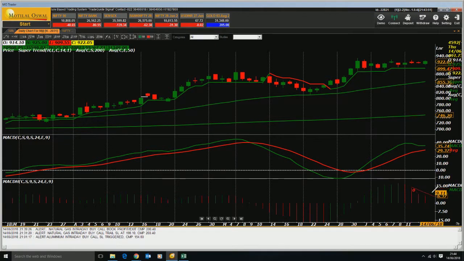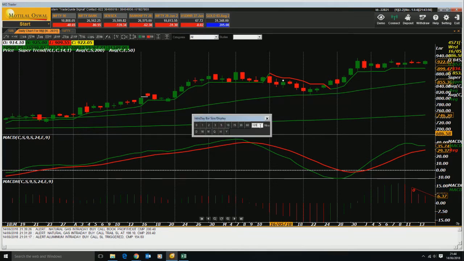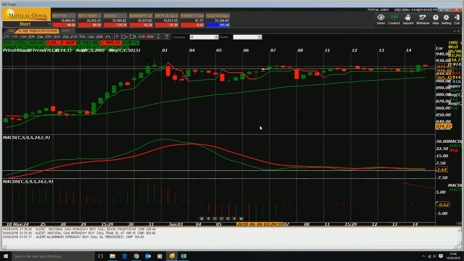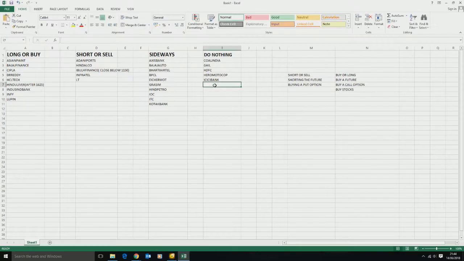Let's see on 120 minutes time frame. It's more or less very much sideways, but I have conflicting information, so I don't do anything. So M and M, I don't do anything.